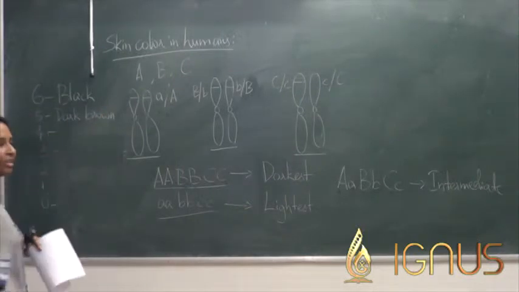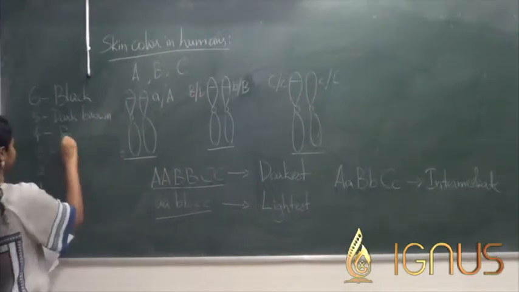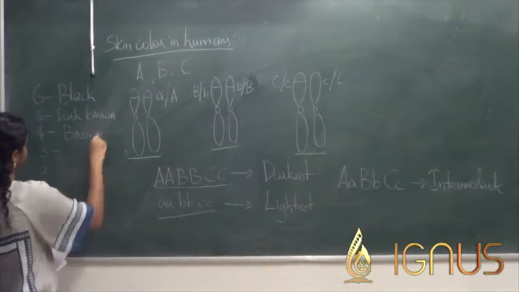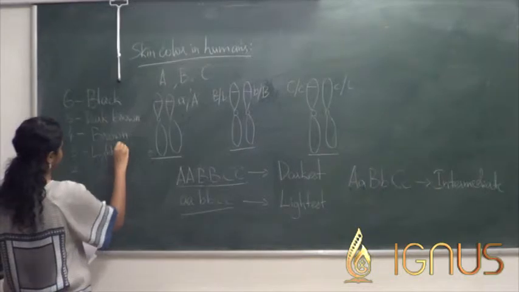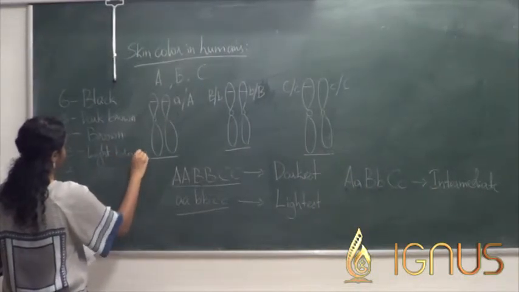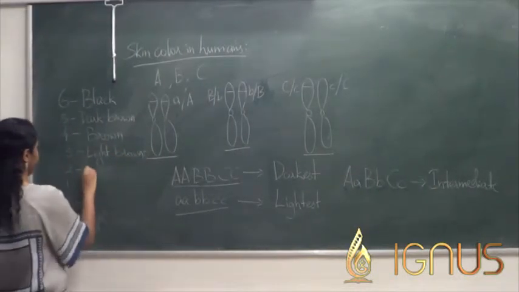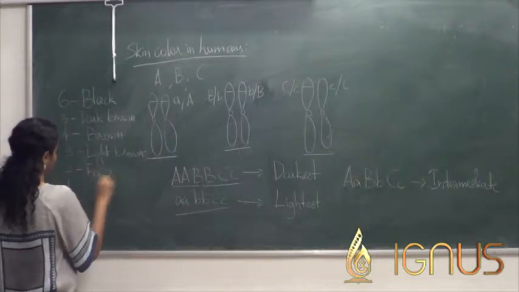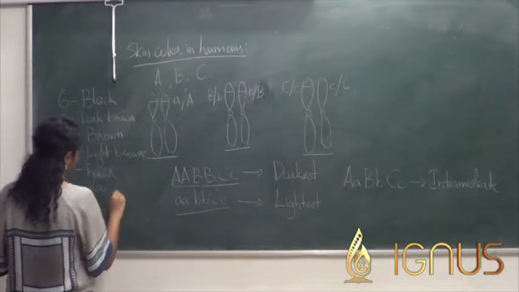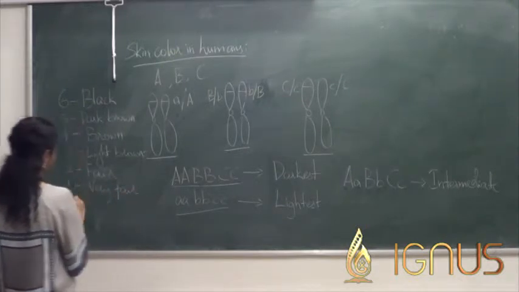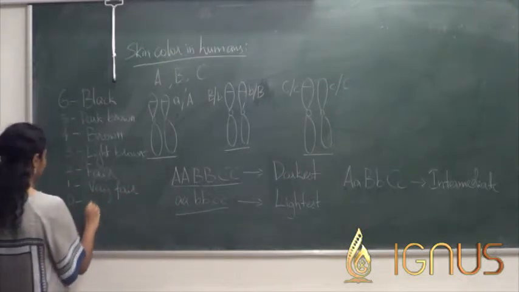If there are 4, then you have a brown. 3, you're going to have, let's say, a light brown. 2, you're going to have fair. 1, you're going to have very fair. And 0 is going to be the albino.